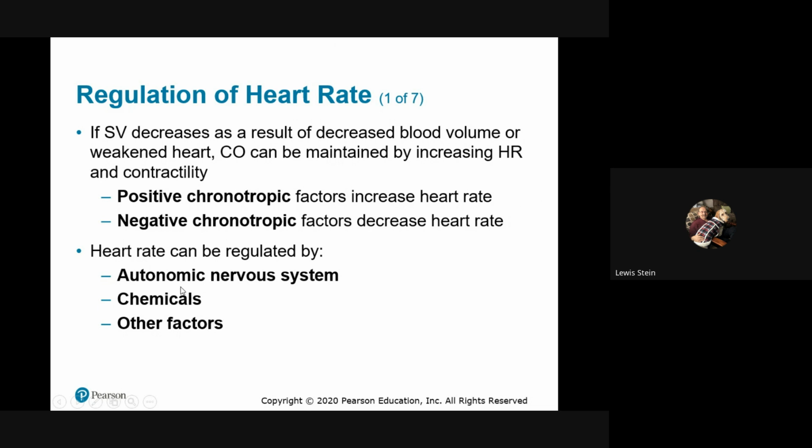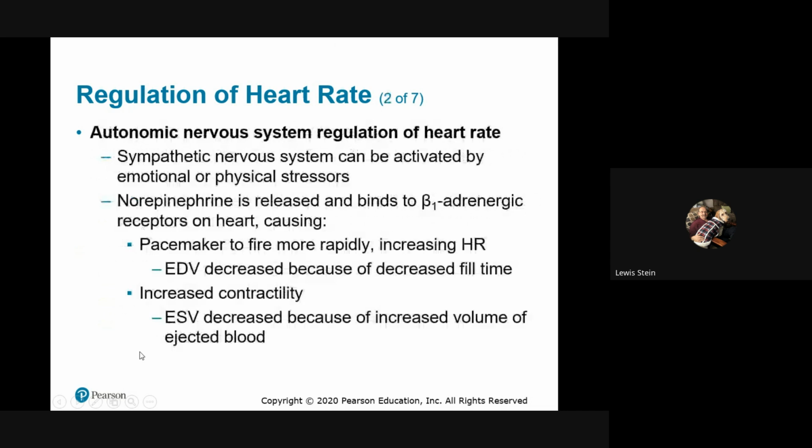Okay, so we have the autonomic nervous system, fight or flight, versus the parasympathetic, the vagus, chemical agents, other factors. So autonomic nervous system, regulation of the heart rate. Sympathetic nervous system can be activated by fight or flight, emotional or physical stressors. Norepinephrine binds, remember, these are beta-1 adrenergics. Remember those way back from autonomic nervous system? Pacemaker fires more rapidly.